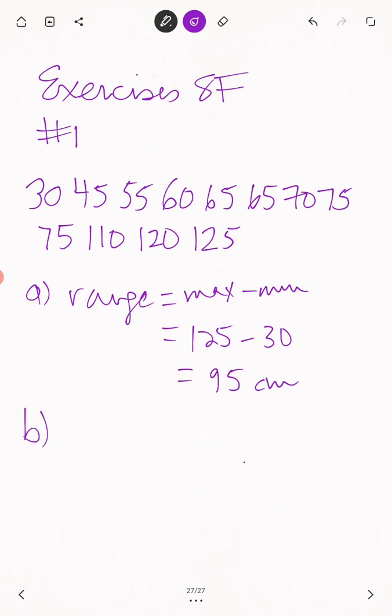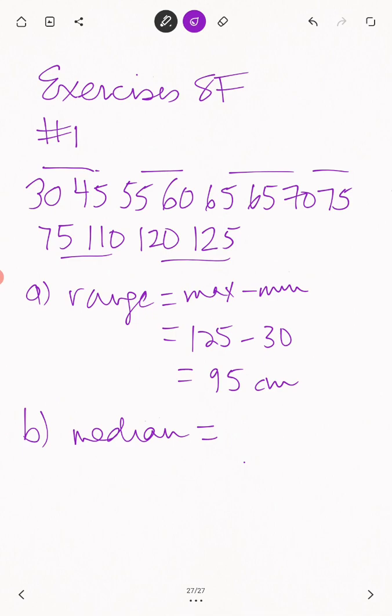And for the median, so the median is always the middle value of the set, but when you have an even number of values like this, there's 2, 4, 6, 8, 10, 12 values altogether, then the median is going to be the average or the mean of the two middle values.